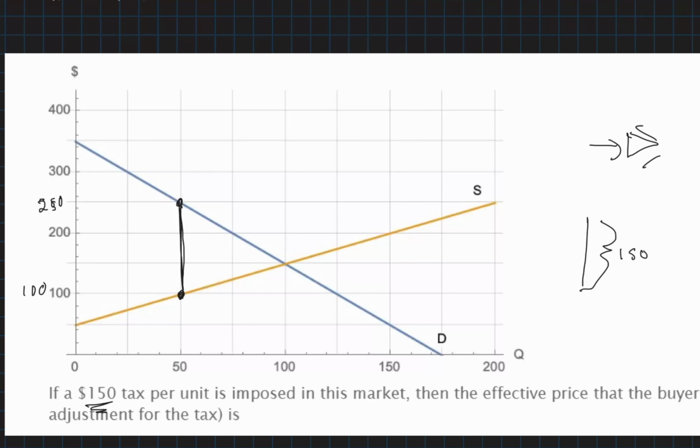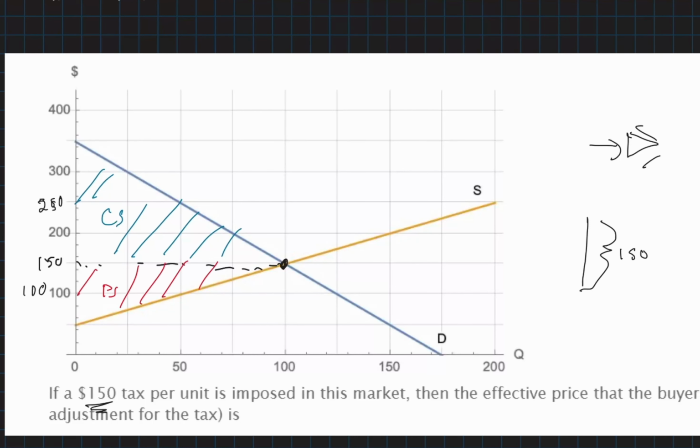Okay, so like we did in previous videos, before I add this, let me just step back. I should have done this first. At equilibrium, our equilibrium price is 150, okay? Because it's 150, we have our consumer surplus, which is right here, and we have our producer surplus, which is right here.